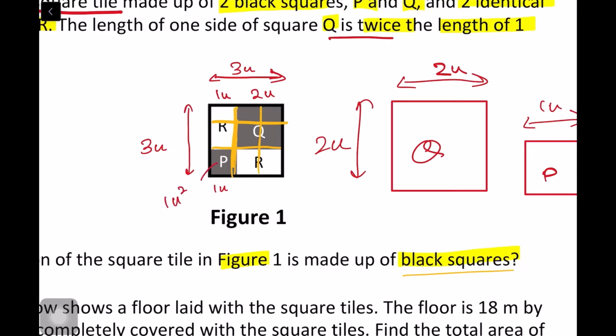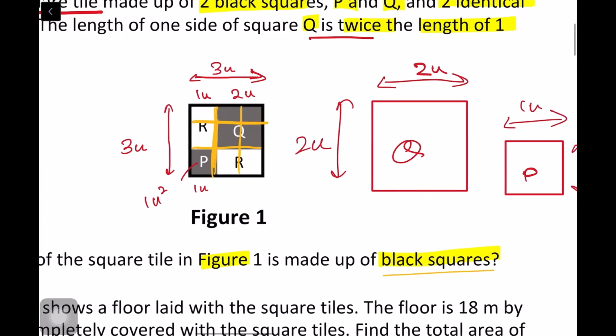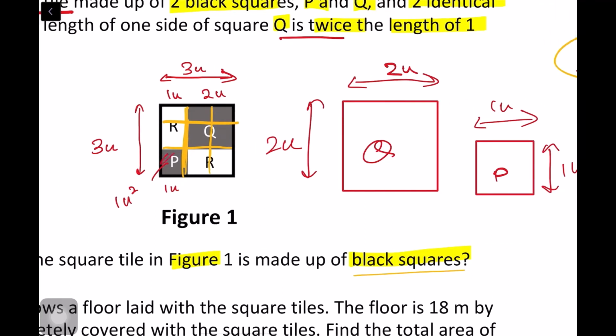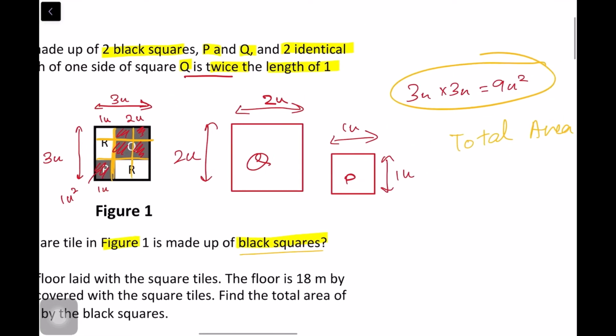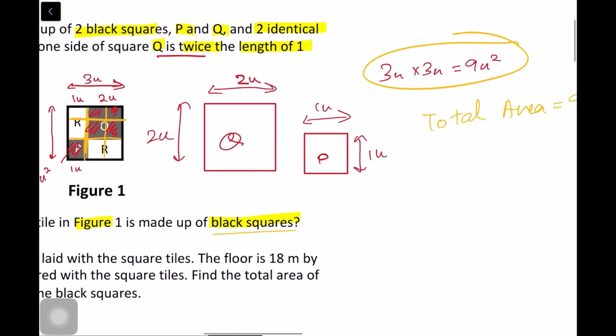So a total of 5 small squares are occupied by the black regions, the shaded regions. We have 1, 2, 3, 4, 5. These five small units are occupied by black squares.